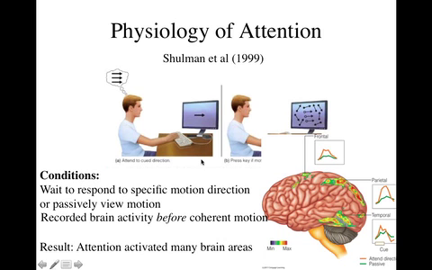In this task, people were given a cue to look for a certain direction of motion, and on some trials they had to detect that particular motion direction when it showed up, and in some cases they just had to passively view it, and that was the basis of the comparison. Same stimulus, but in some cases you have to pay attention to look for the motion direction, in some cases you're not. They recorded from the time period before the motion stimulus actually showed up, so you're just gauging what attention is doing, not the motion stimulus itself.